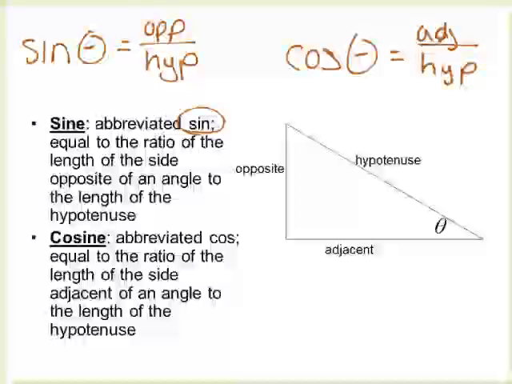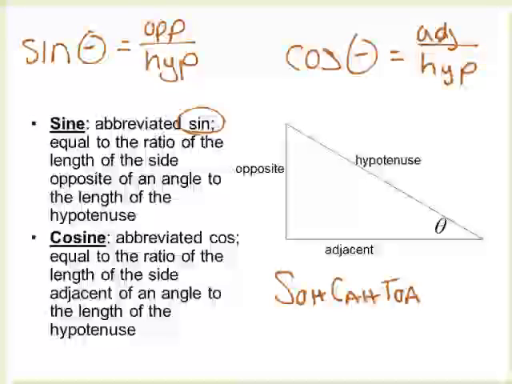Now, we have three different ones to remember what all the different parts are for these fractions. So some teachers use the word SOHCAHTOA to remember what those pieces are. With SOHCAHTOA, each letter of this word means something.